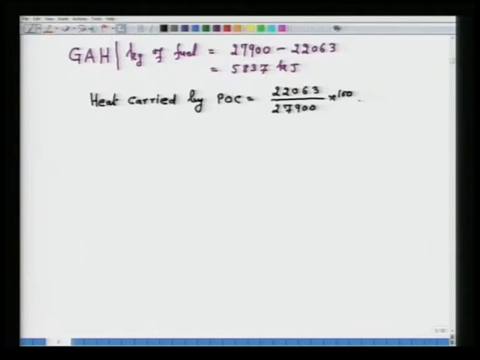A simple calculation will give you approximately 79% of the caloric value of the fuel is carried away by the flue gases. That means, in this particular problem, 21% of the caloric value of the fuel is utilized by the useful part of the function, which is the heating here. 79% is carried away by the flue gases.